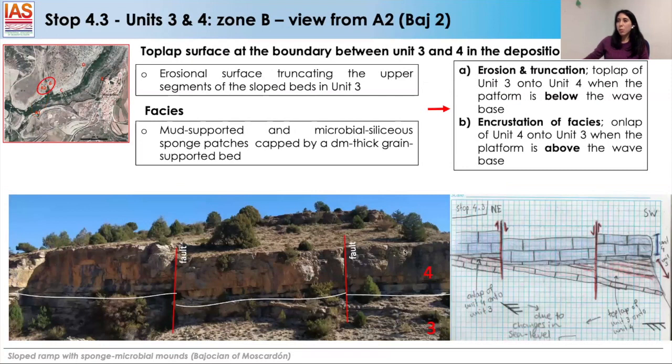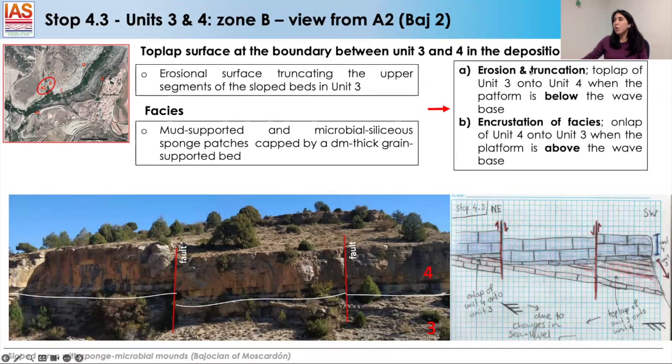Next we moved to stop 4.3. We took a look at units 3 and 4, and we saw something new about the situation between them. We have an erosional surface truncating the upper segment of the slope beds in unit 3.